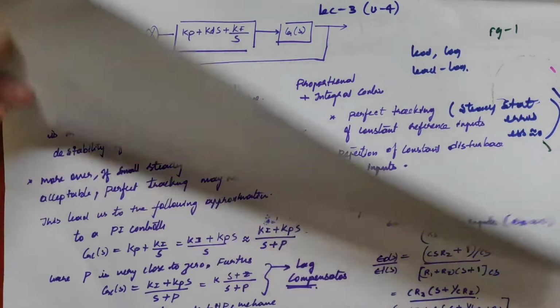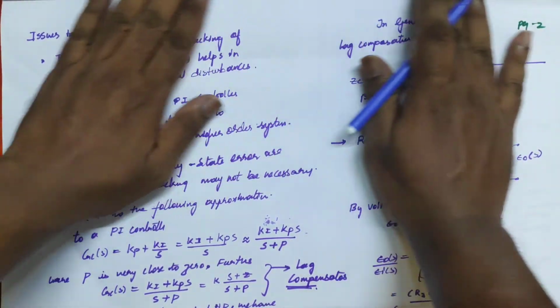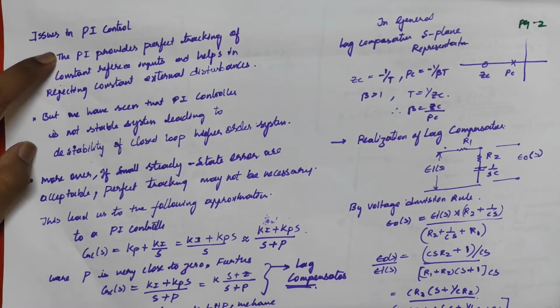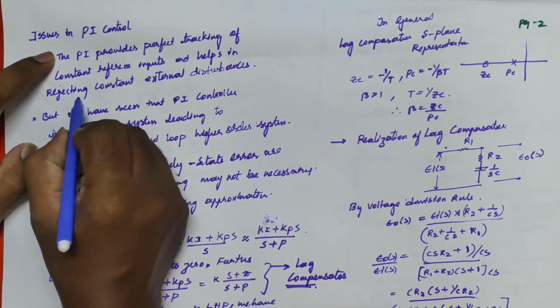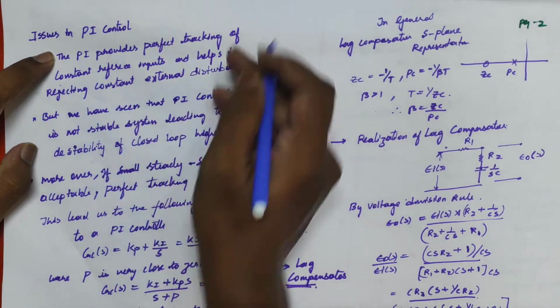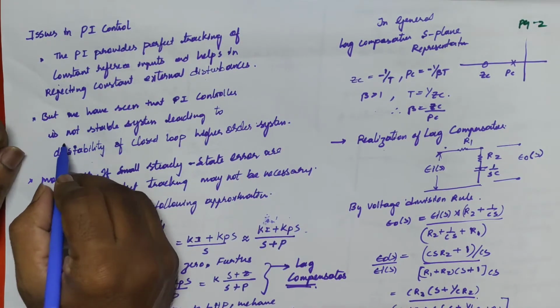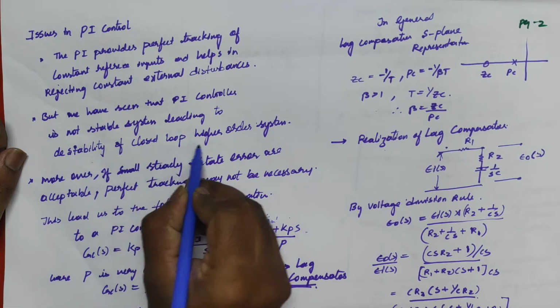In implementation, we have some defects in the PI controller, PD controller and PID controller. We know that the PI controller provides perfect tracking for constant reference inputs and helps in rejecting constant disturbances. But we have seen that the PI controller is not suitable for higher order systems, leading to destabilization of the closed loop.